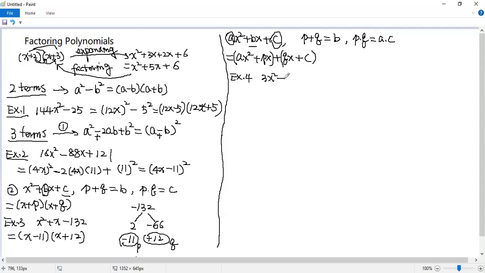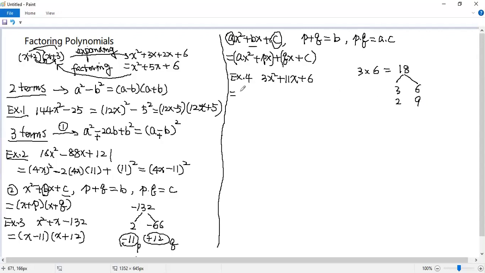3x squared plus 11x plus 6. Let's break up the product of 3 and 6, which is 18, into two numbers. You can try 3 and 6, but the sum is not 11. Then you try 2 and 9. Yes, the sum is 11.